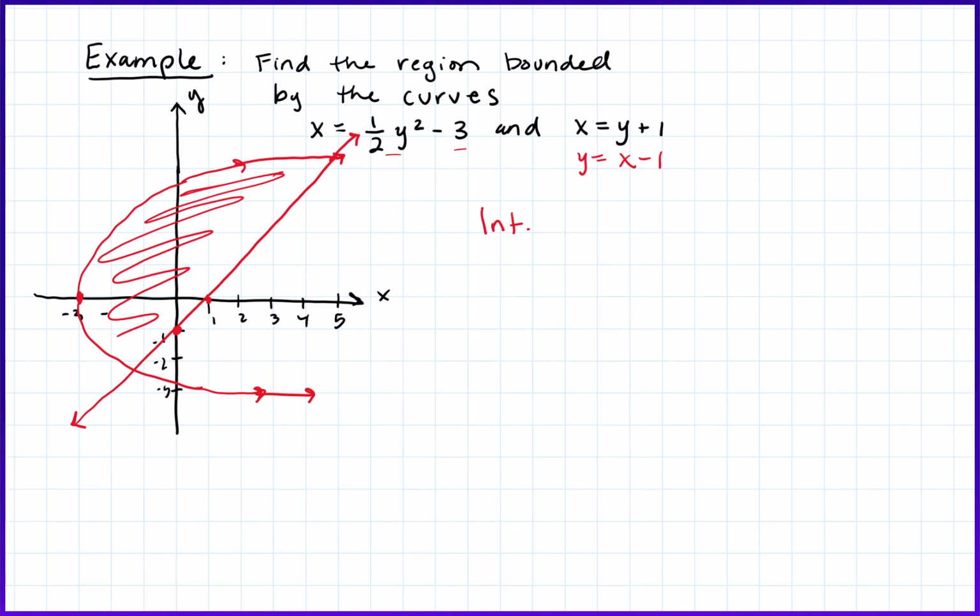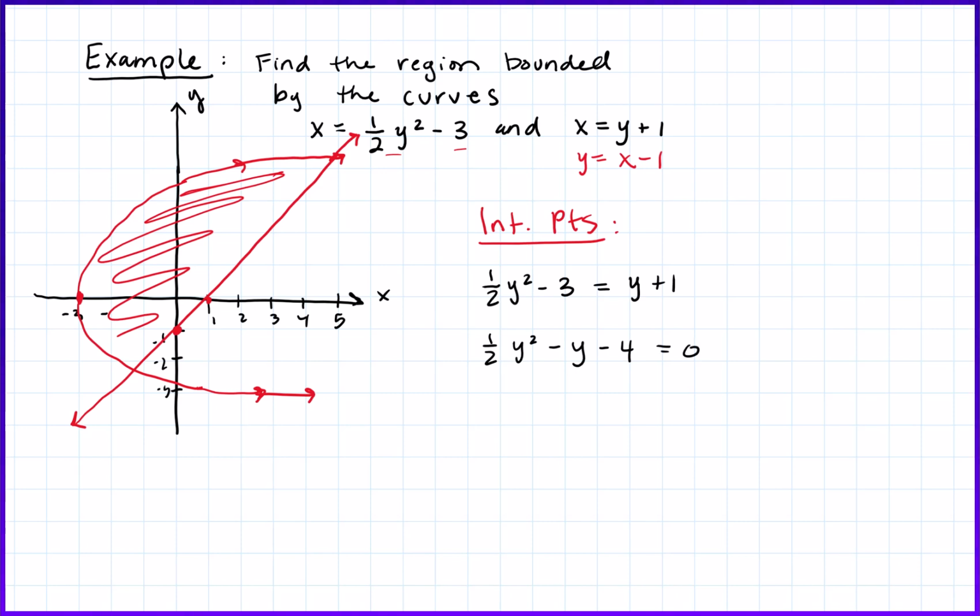To find intersection points, we're going to set these two curves equal to each other. I'm going to shift back over to black. That's always how we find intersection points. So 1/2 y squared minus 3 equals y plus 1. I'm going to move all the terms to one side: 1/2 y squared minus y minus 4 equals 0.